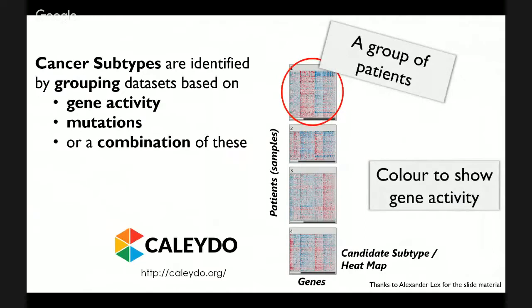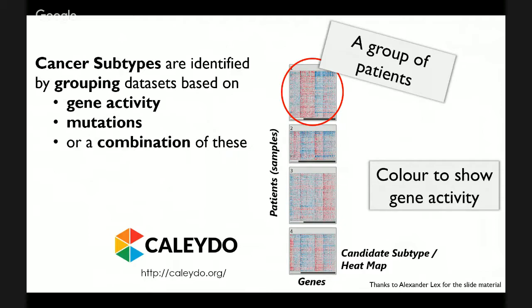I'm just assuming that you have seen Caleydo, at least those in the room, and how this particular view works. In this one, a cancer subtype is a group of patients that share a common cancer subtype, and this often depends on a particular activity in a number of genes, particular mutations, or combinations of these gene activity or mutations in these samples.